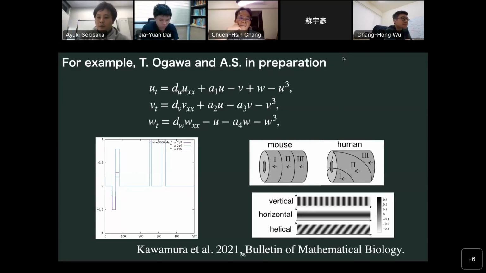Existence is so difficult because such wave trains occur by wave bifurcation. Wave bifurcation means that the two component system of U and V has a Turing pattern, a special periodic pattern, and then we add the W component.